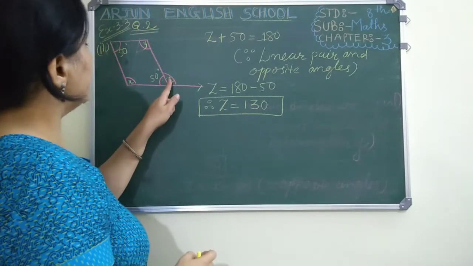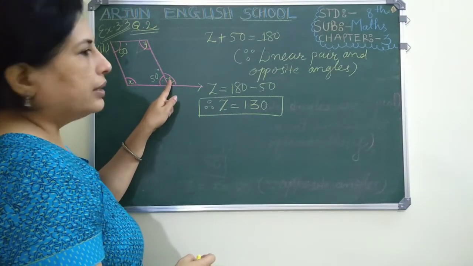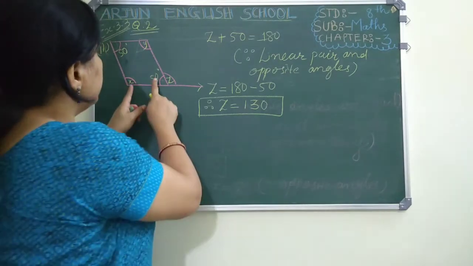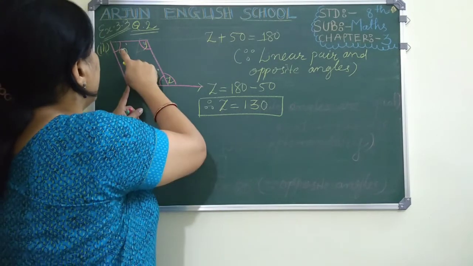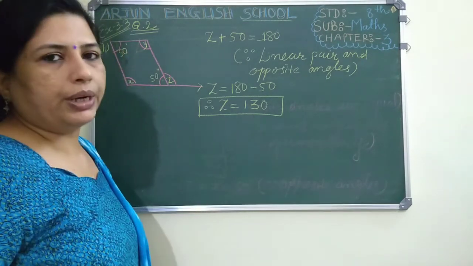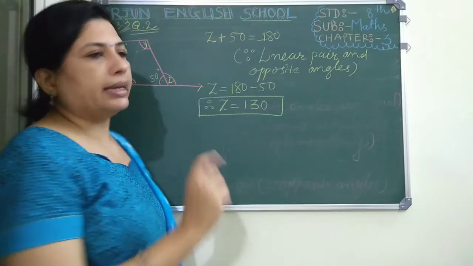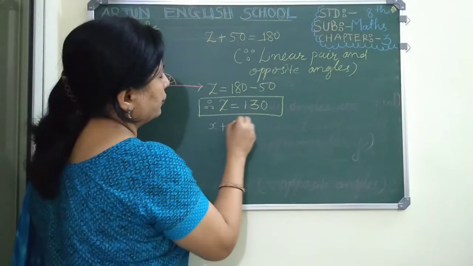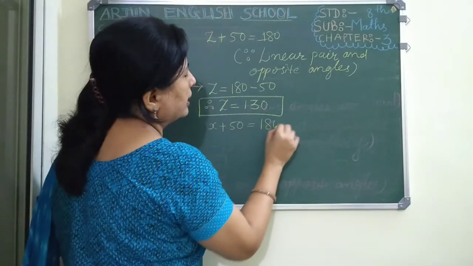If Z is equal to 130, then X: here you can see that this 50 plus X is equal to 180 as they are adjacent angles. So I am writing here X plus 50 is equal to 180.